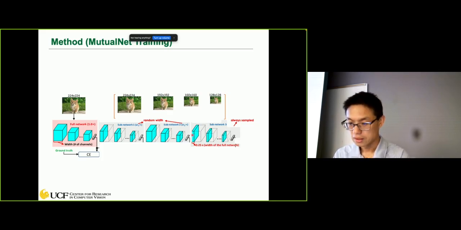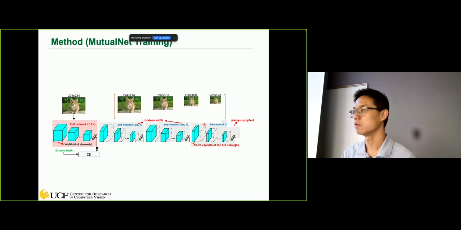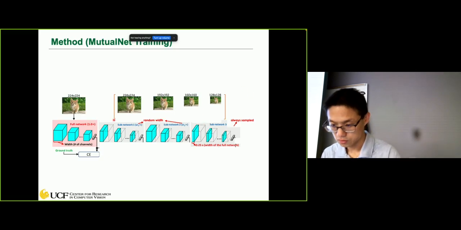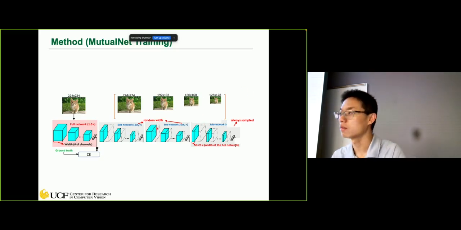Let's say my smallest subnetwork will have 25% of the channels in each layer. Then the upper bound is the full network, 100%. And in between, I can randomly sample the network width, maybe 70% or 80% or 60%. So you have these random-width subnetworks.